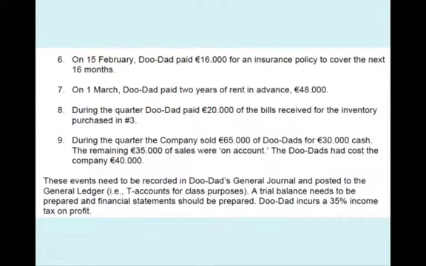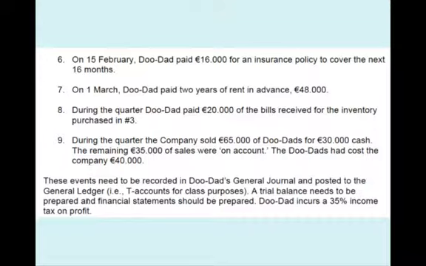Number six, on 15 February, Doodad paid €16,000 for an insurance policy to cover the next 16 months. On 1 March, number seven, Doodad paid 2 years of rent in advance for $48,000. On number 8, during the quarter, Doodad paid $20,000 of the bills received for the inventory purchased in number 3 up above.